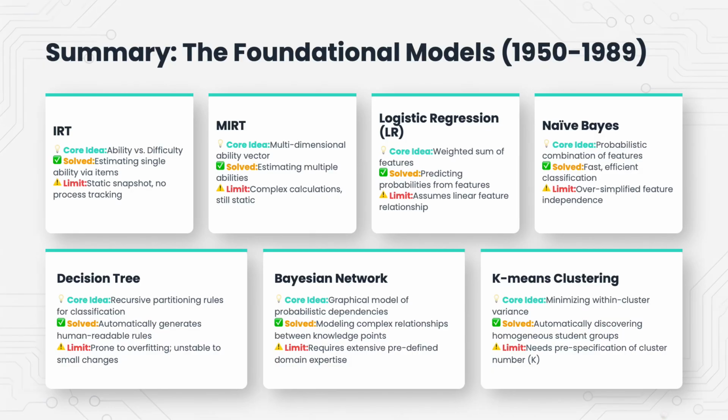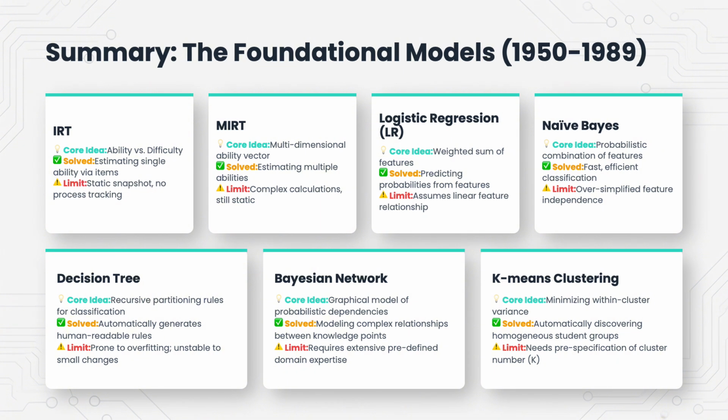So let's wrap up this foundational era. We've seen a variety of models, each with its own approach. IRT gave us the ability ruler, but it's a static measure. MIRT expanded this to multiple dimensions. Logistic regression and naive Bayes use statistics to make predictions. Decision trees and Bayesian networks introduced more structured ways of thinking about classification and knowledge relationships.